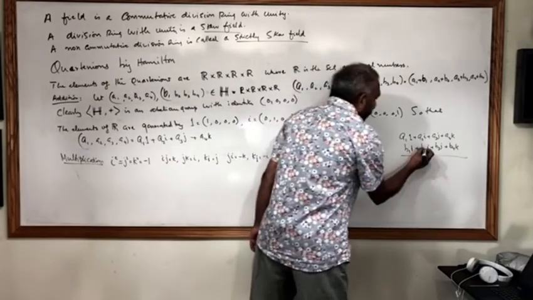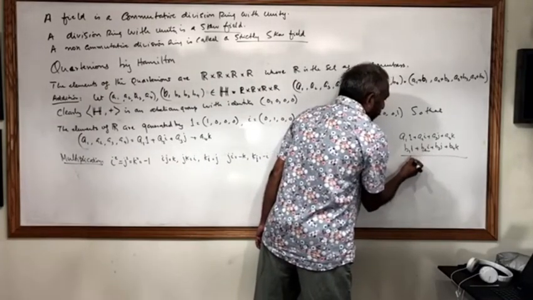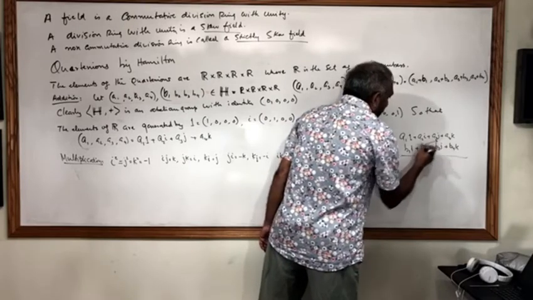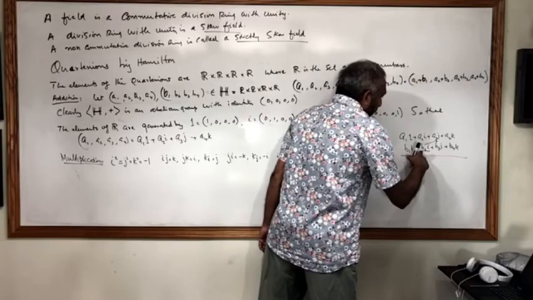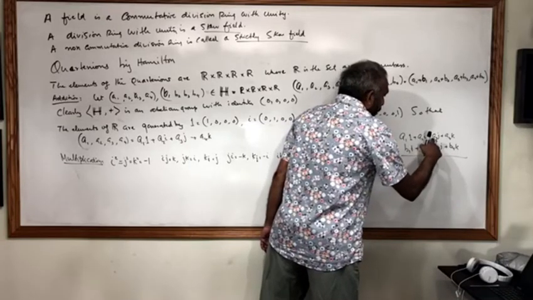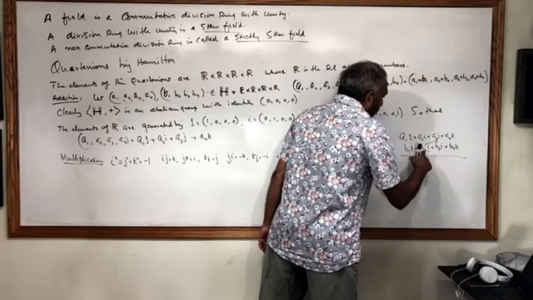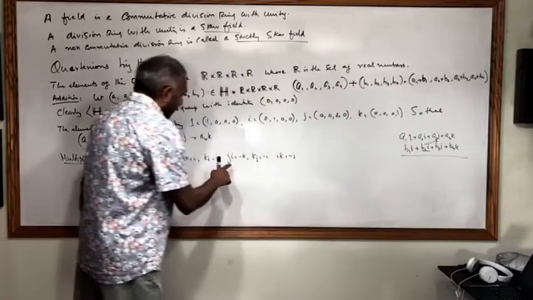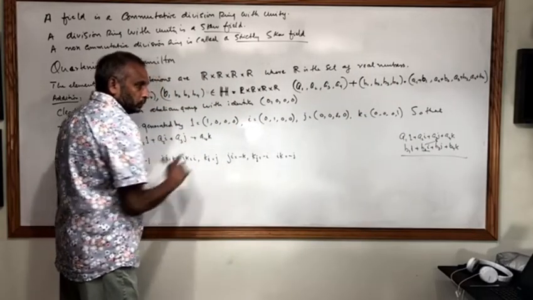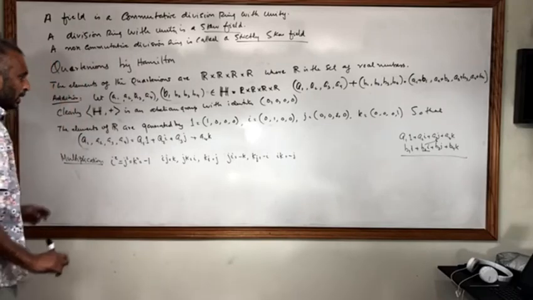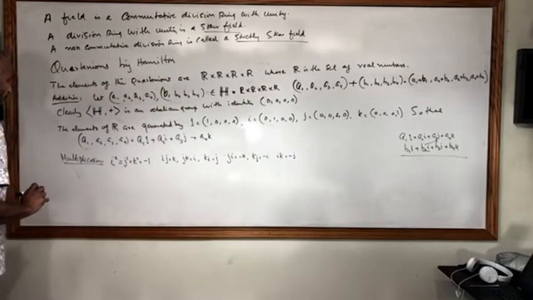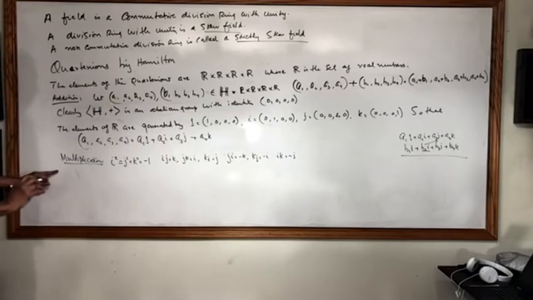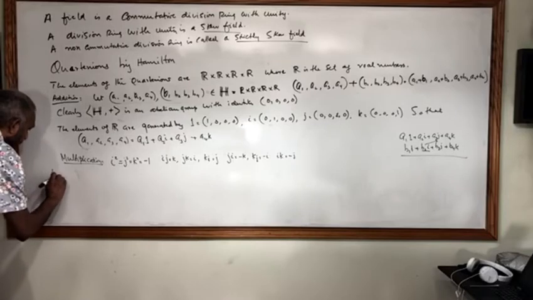For example, A3 j times B2 i is A3 B2 times ji. So when you have this definition, our multiplication is complete.